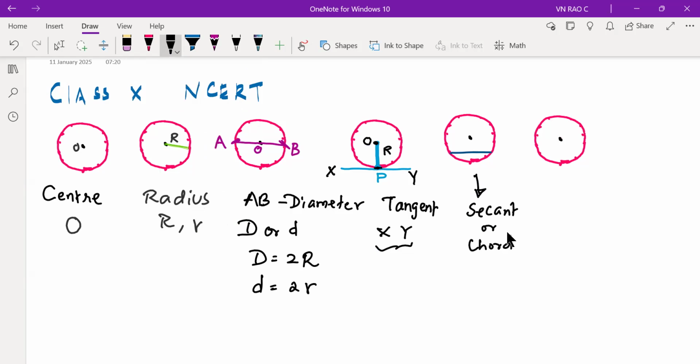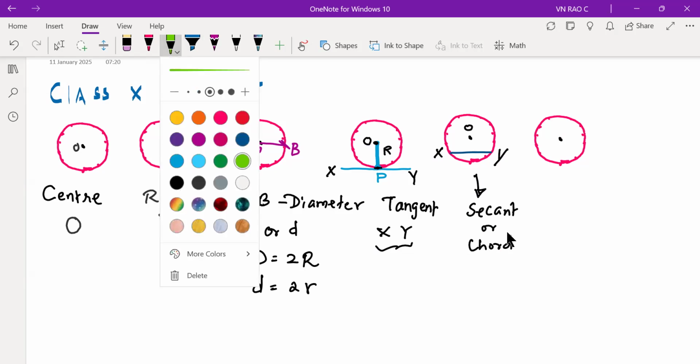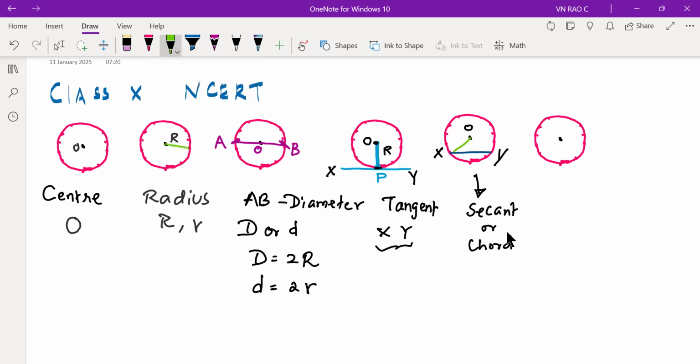The notation can be X, Y, or A, B, or P, Q, whatever it is. This is the center O. From O to X is a radius, and O to Y is also a radius. Both are the same, OX and OY. Here XY is known as a chord or secant. That is what you should understand.